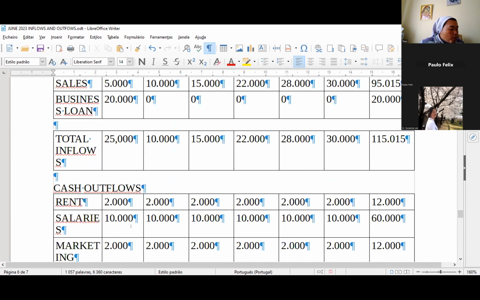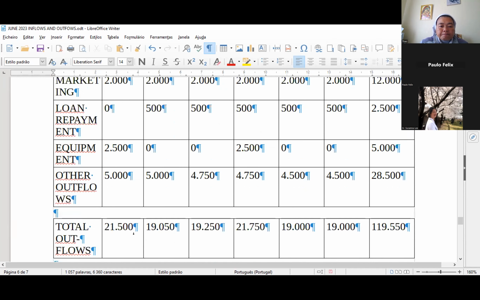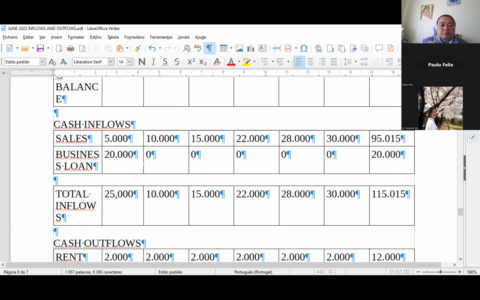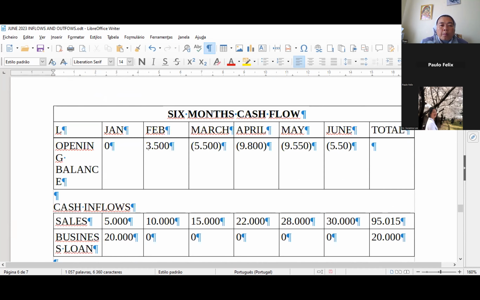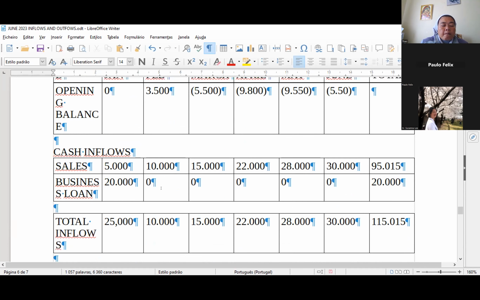Now, when you begin the next month in February, this 3,500 rands is reported as the opening balance for this month. Then you have sales of 10,000, so the total inflow is 10,000 rands, because you sold.